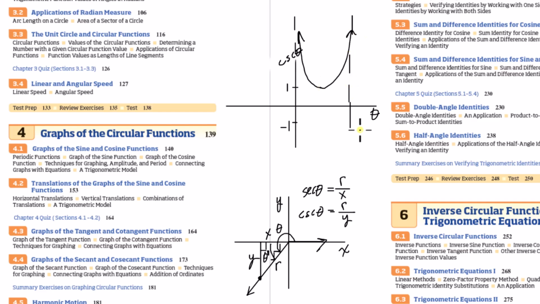And this should be pi, right? Because you get to 1 because y is r divided by r is 1, and then you go in the other direction, and y is still positive, as y is going towards 0, so you're going towards positive infinity. And then we expect this.